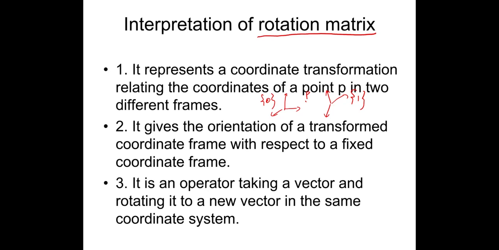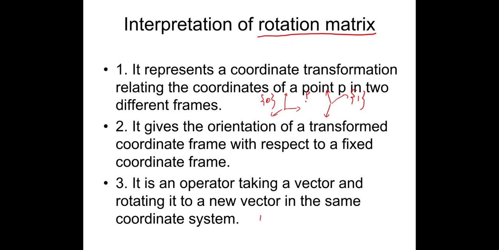Secondly, it gives the orientation of a transformed coordinate frame with respect to a fixed coordinate frame. It means that a frame can be rotated to a new frame with respect to a fixed coordinate frame. And the third thing is, within the same coordinate system, we can rotate something.